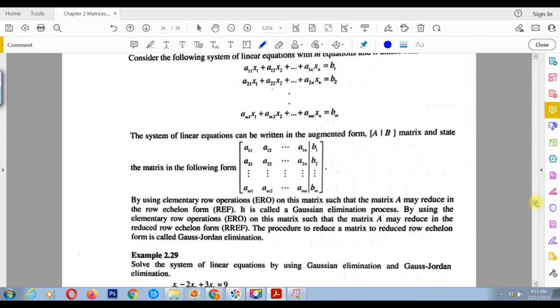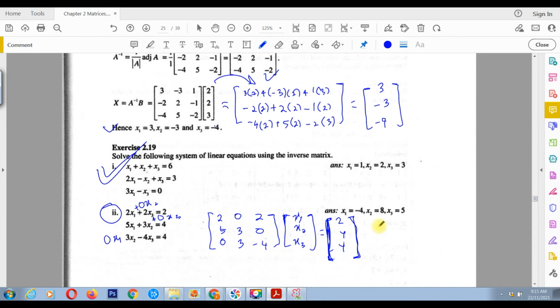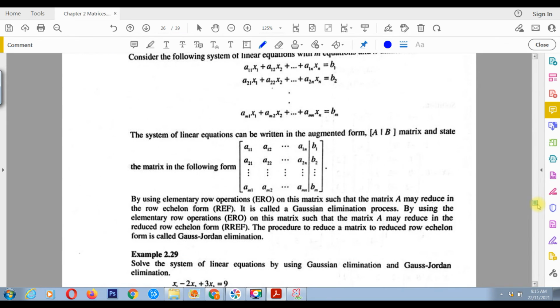We just handled this first. We find A inverse first, and after we find the inverse, we multiply with the solution. So for this one, we put the solution beside the matrix, and then you can use ERO and reduce to row echelon form.